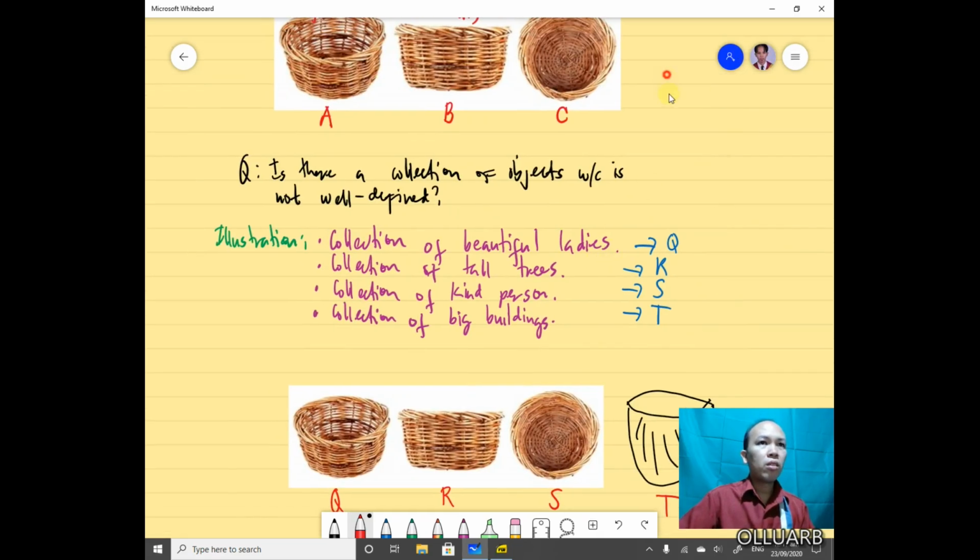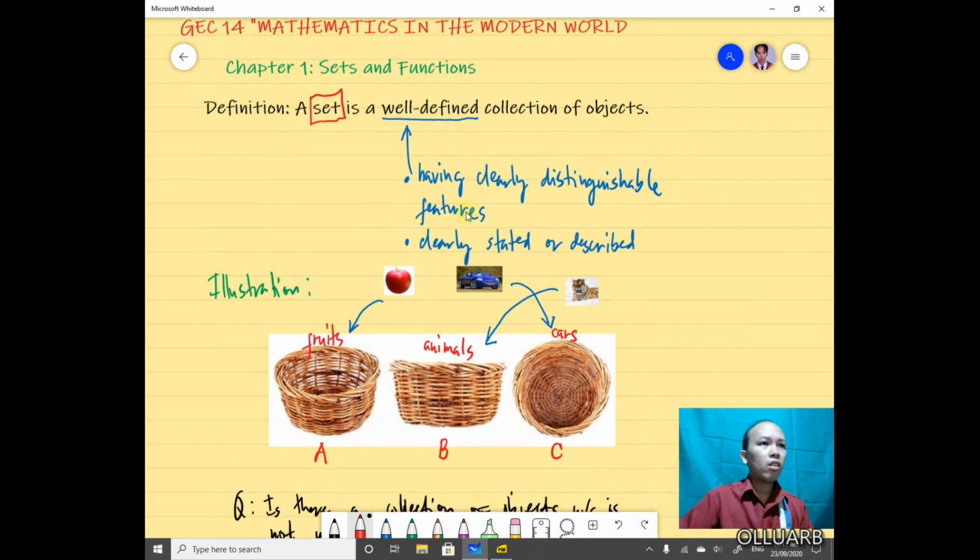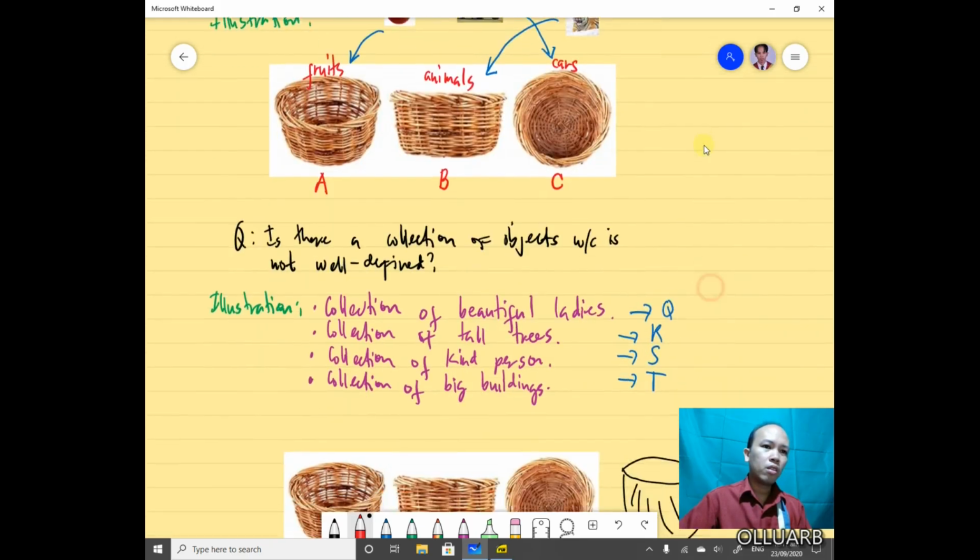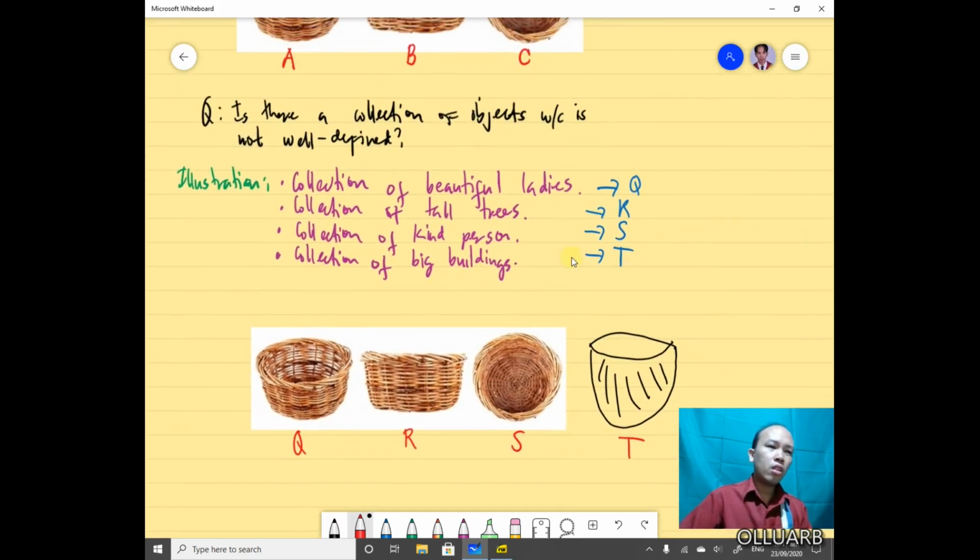So it says here that the word well defined says that it is clearly distinguishable, or clearly stated or described. So meaning to say, when you have this kind of collection, this collection is not well defined.